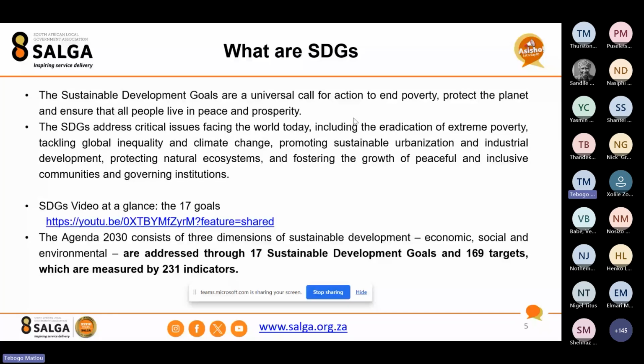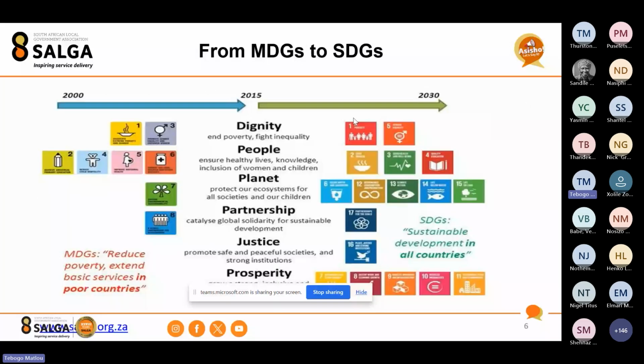Out of the 17 SDGs, we have 169 targets, which are measured by 231 indicators. But working with stats, it does assist us to also develop our own indicators. The baseline is that we are moving from the Millennium Development Goals, MDGs, to SDGs, the 2000s and the 2015s. Now we're in the middle, 2030.